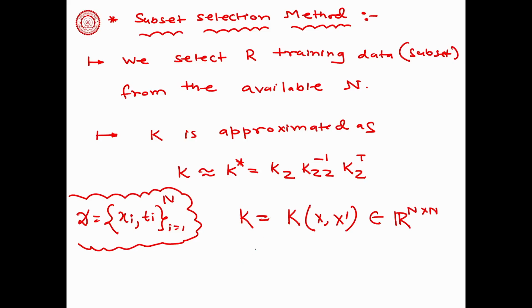What is kz? Kz is k x comma z. What is z? Z is a subset from here, a subset.